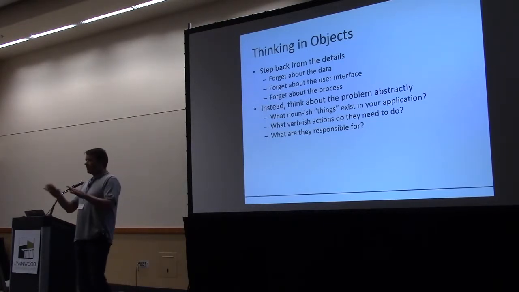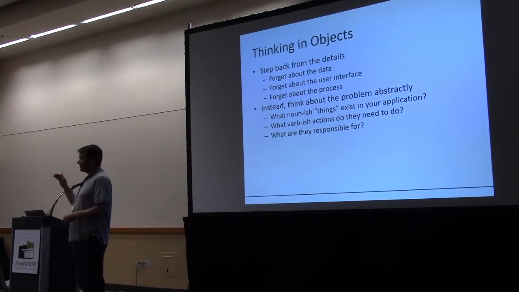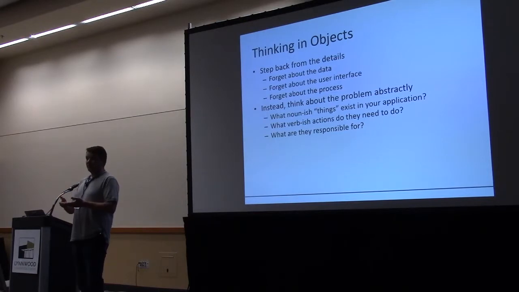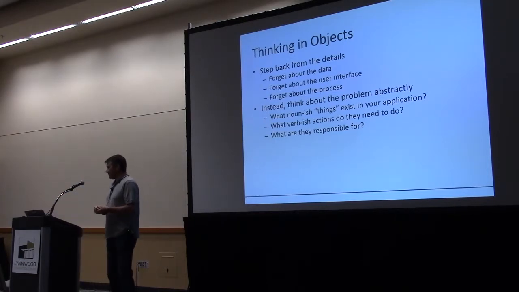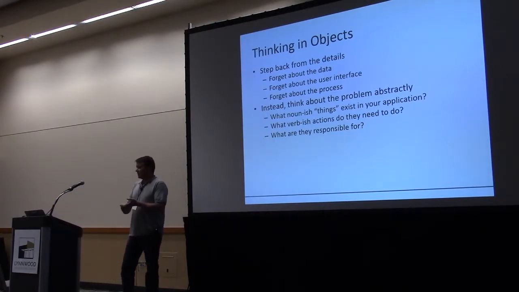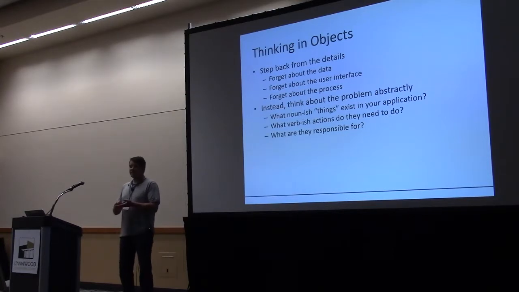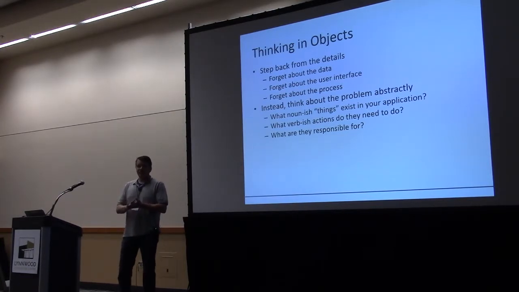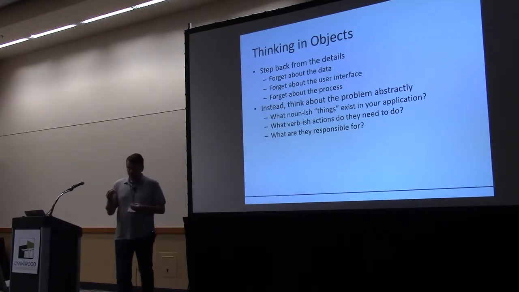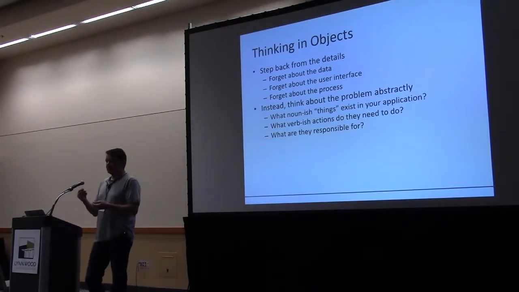Now, I assume that most people here were at the intro to object-oriented programming. People are familiar with the terminology, objects, classes, and methods. Additionally, as you're thinking about your objects, your nounish things, think about the kinds of information they are responsible for.